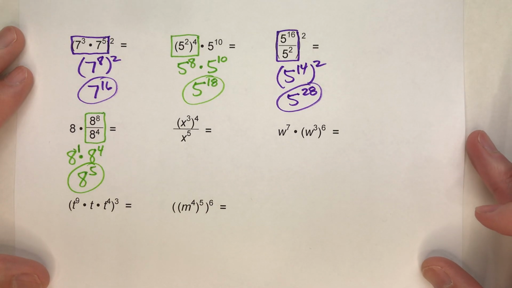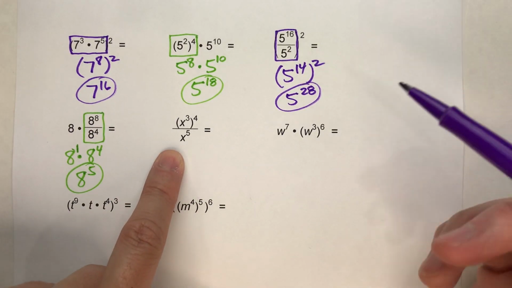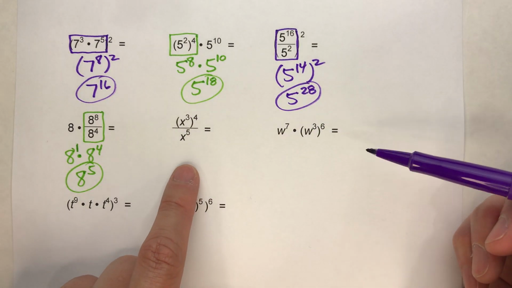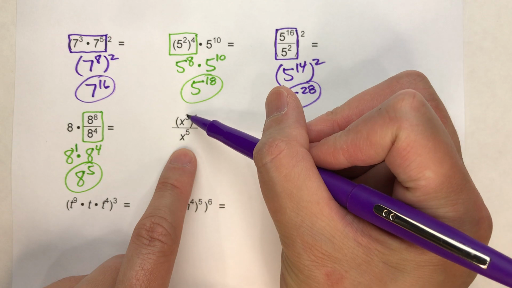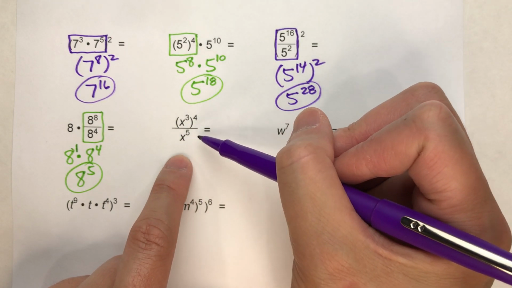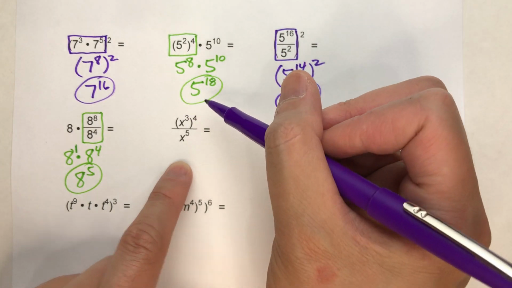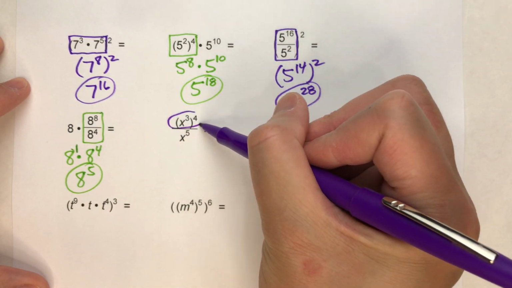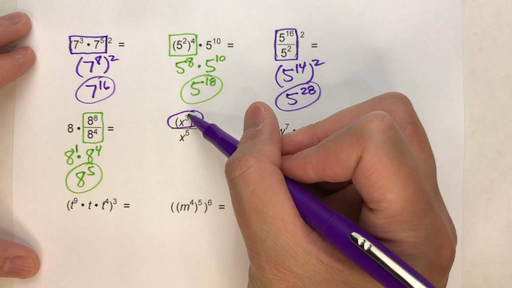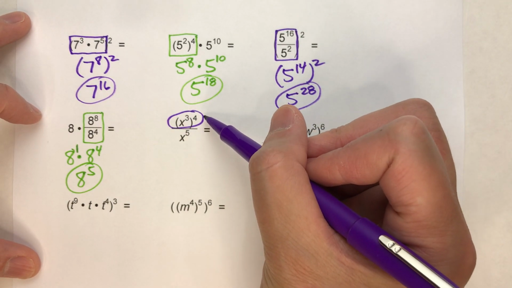All right, next one. Now notice this one has variables, but it really doesn't change anything about how we do anything. We've got x to the 3rd raised to the 4th power divided by x to the 5th. All right, so we've got to do the top first because we've got exponents there. So we've got x to the 3rd raised to the 4th.